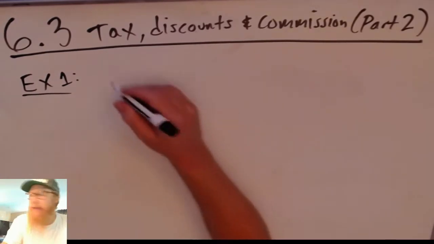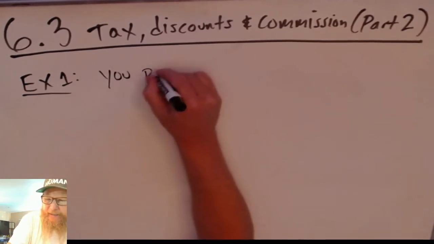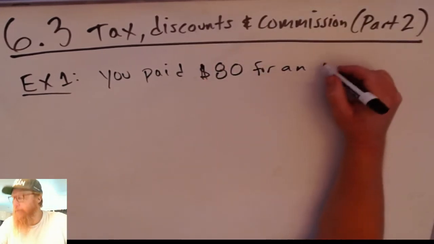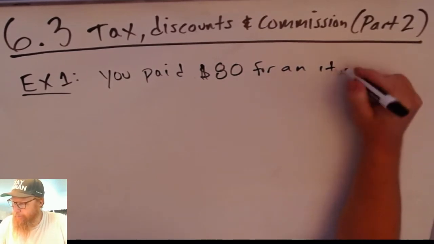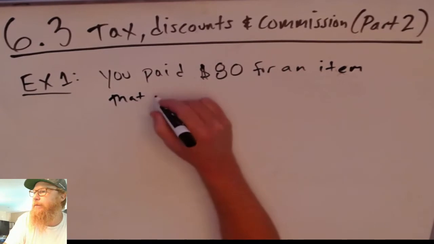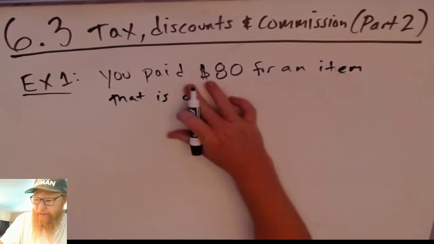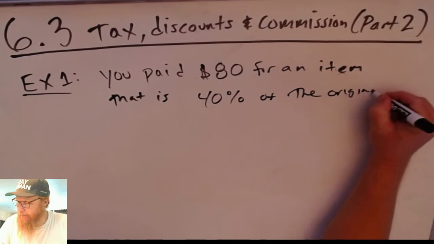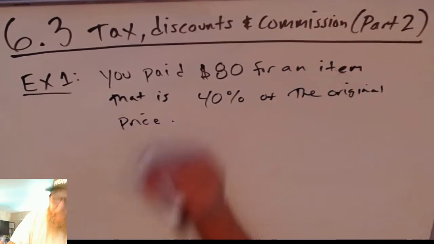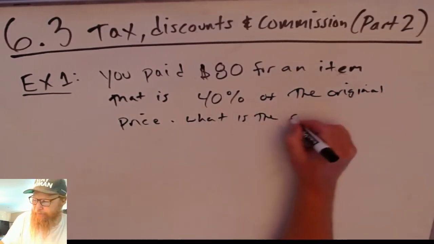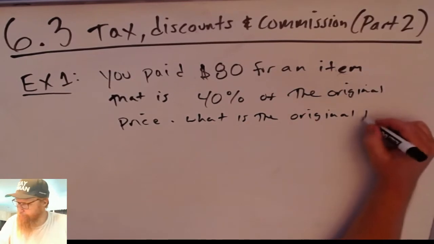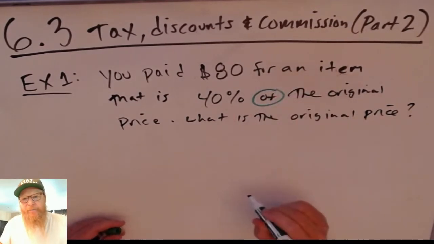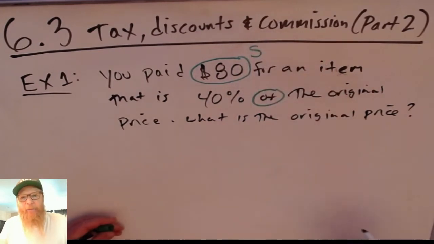So if you say that you paid $80 for an item that is on sale for 40% of the original price, what is the original price?